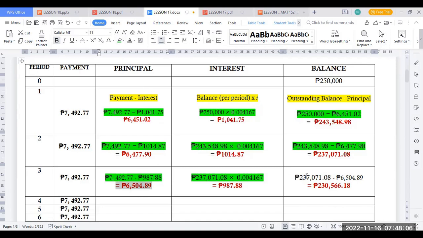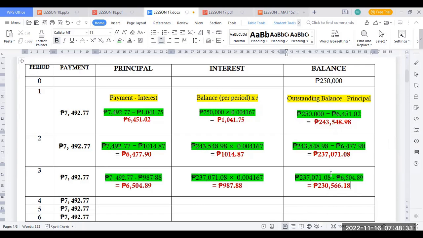So, the balance is, okay, yung balance mo ng period 2, 237,071.08 minus the principal, and that is equal to 230,566. And that is your balance for period 3. So, ganun lang siya. Ulit-ulitin nyo lang.